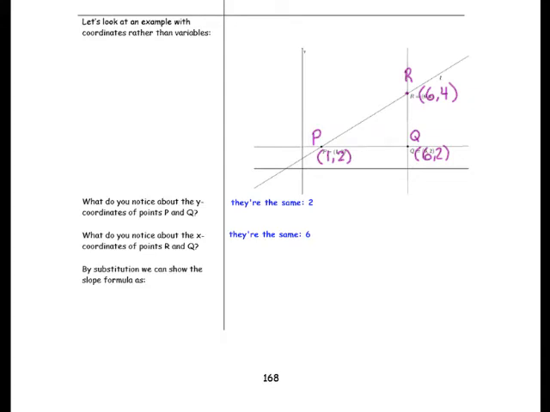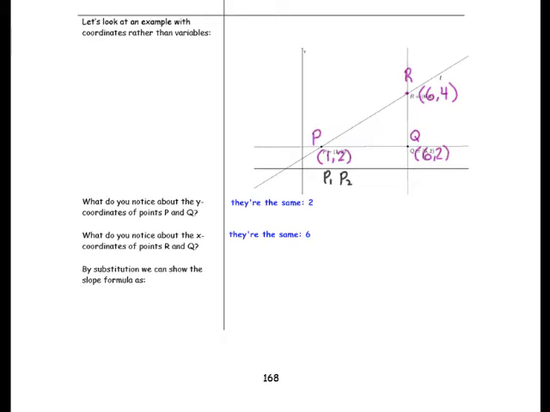Before we write the formula, let's write the q's and r's by the coordinates. By point P, 1 is P sub 1 and 2 is P sub 2. The x-coordinate is P1, the y-coordinate is P2.